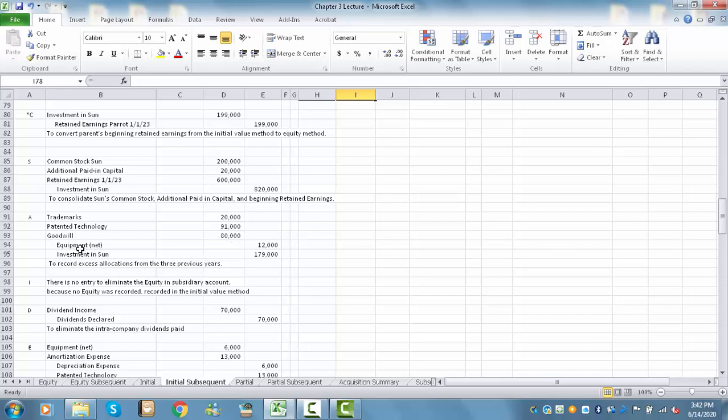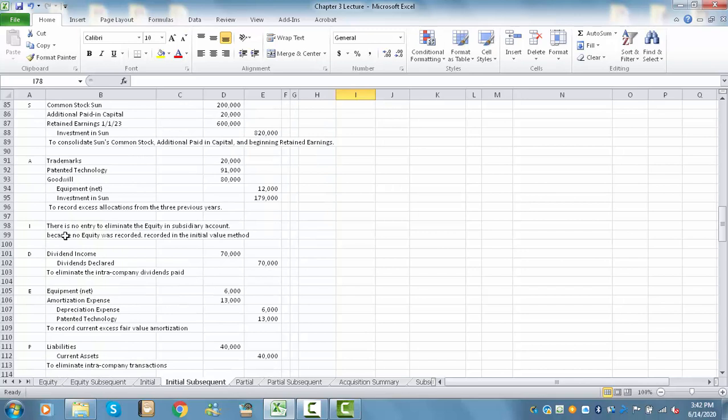Goodwill doesn't get amortized, and the equipment actually got written up. The excess amortization decreased, the value went up. All right. So this again is just a check figure. Okay, so that's the excess allocations, amortizations in the previous 3 years. There's no entry to eliminate the equity in the subsidiary because there is none.